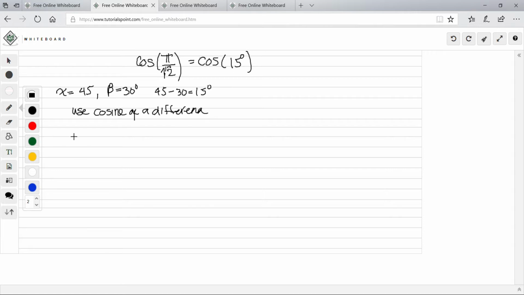So that's cosine of alpha minus beta equals cosine alpha cosine beta plus sine alpha and sine beta.